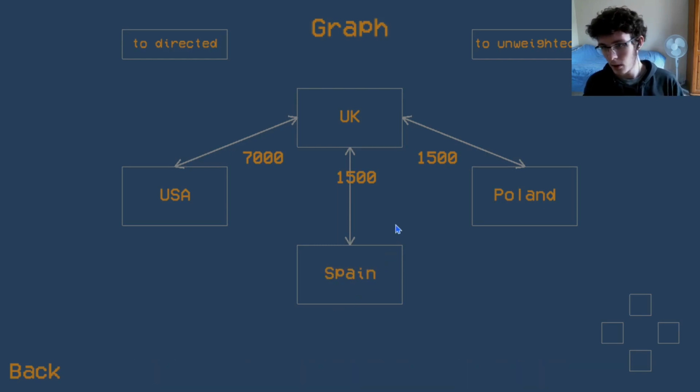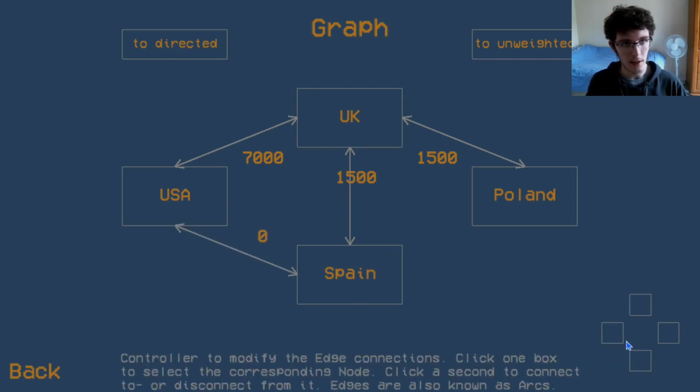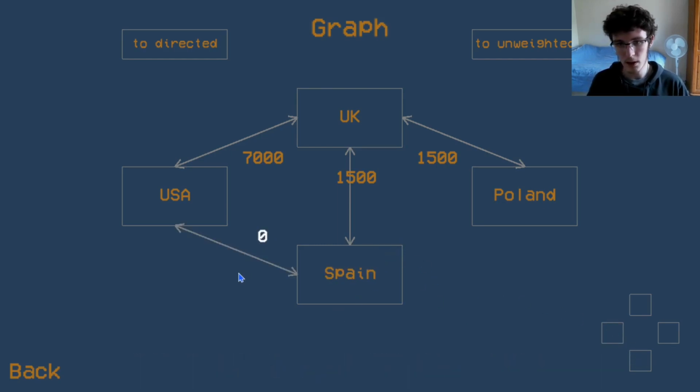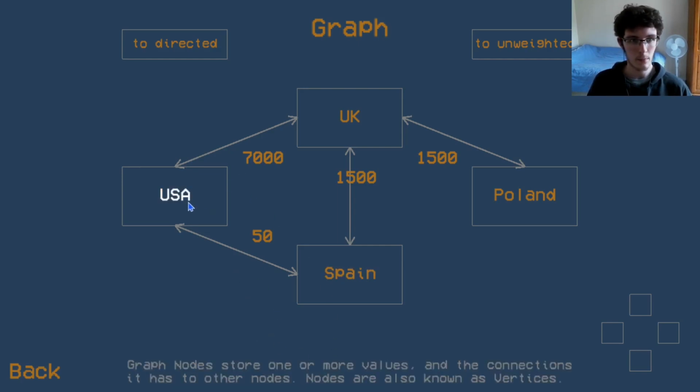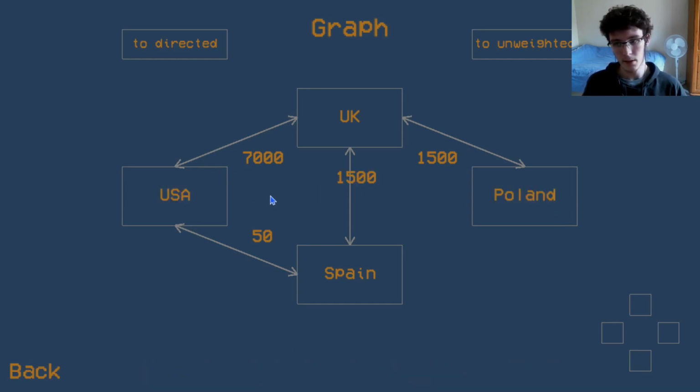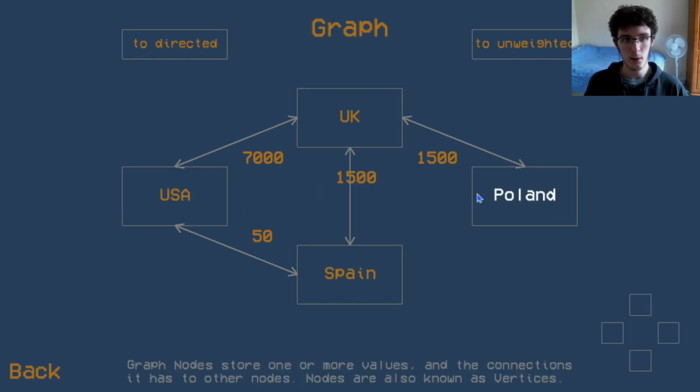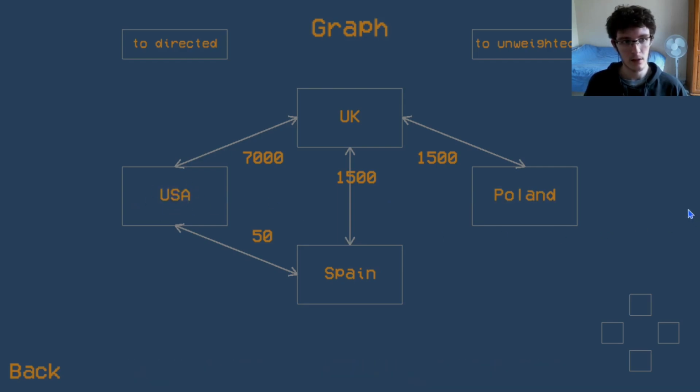So we're going to break reality a little bit now and say that the distance between Spain and the US is about 50 kilometers. If we wanted to go from the US to Poland, and there's no direct flights, let's say, from US to Poland, we can't just go from the US straight to Poland.